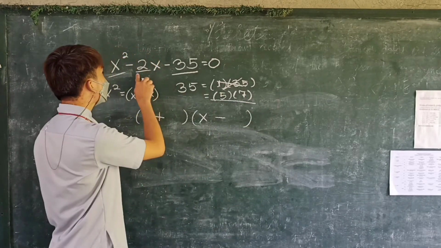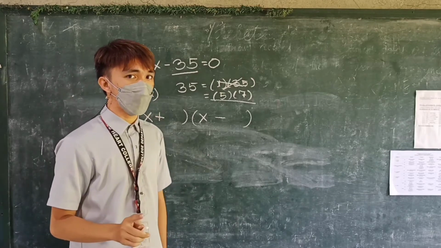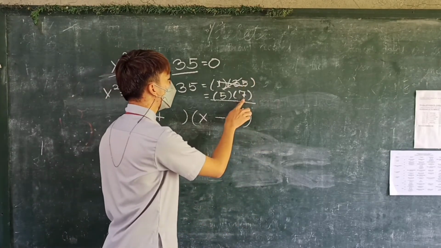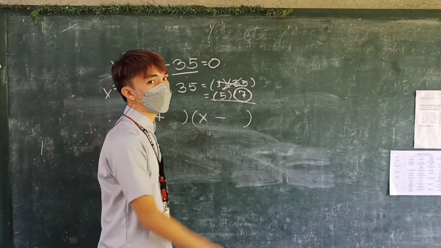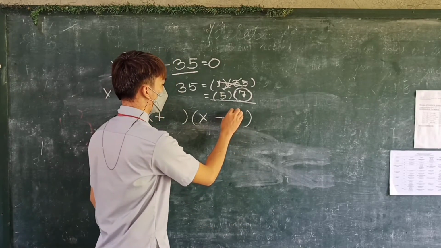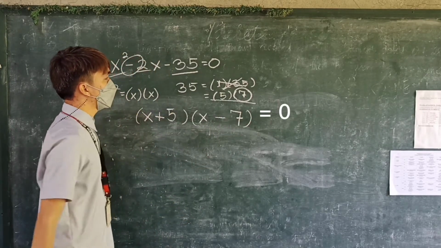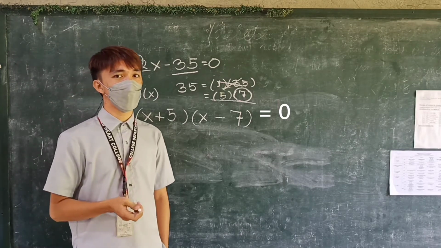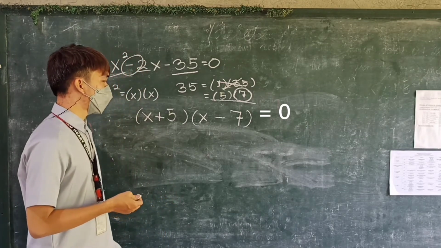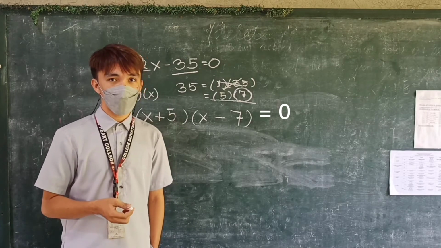Now, since the sign of the middle term is negative, we are going to put the greater factor to the negative sign. So we are going to put 7 here and 5 here. So the factored form of x squared minus 2x minus 35 equals 0 is the quantity x plus 5 times the quantity x minus 7.